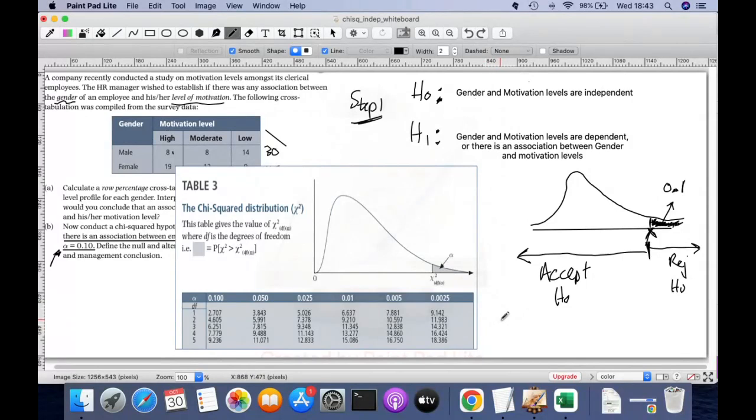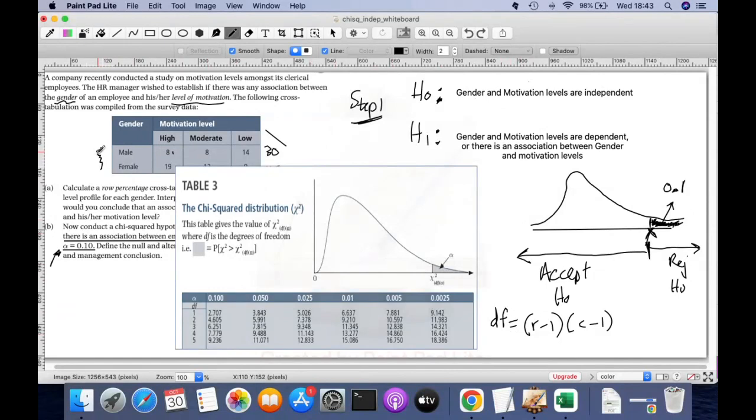But for your chi-square test, for the test of independence, your degrees of freedom is given by this formula here. df, degrees of freedom, is (r minus 1), I'll explain what the r is in a second, times (c minus 1). What the r means is how many rows do you have in your table?